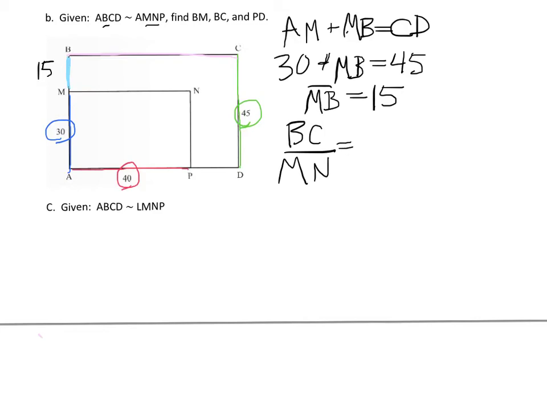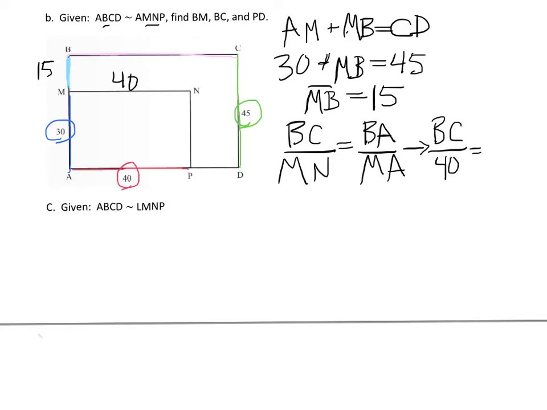That proportion should be equal to, well, I'll use what else I know. If BC and MN are the lengths, I can think about the widths. So I can do the big width, which is BA, over MA, the smaller width. And I can set those up with what I know. So I'm solving for BC, and I don't know what that is, but I do know MN is also going to be 40, because AP is 40, and it's a rectangle.